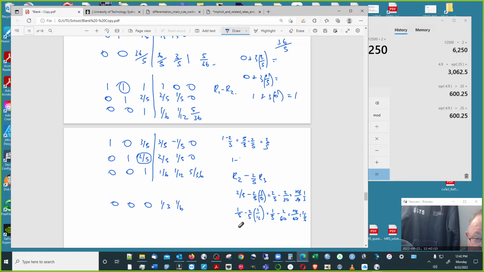And finally we get 0 minus 2/5 of 5/36. Well, that's a cancel, isn't it? And 2/36. We'll just leave that like that. 2/36. So that was our row 2.